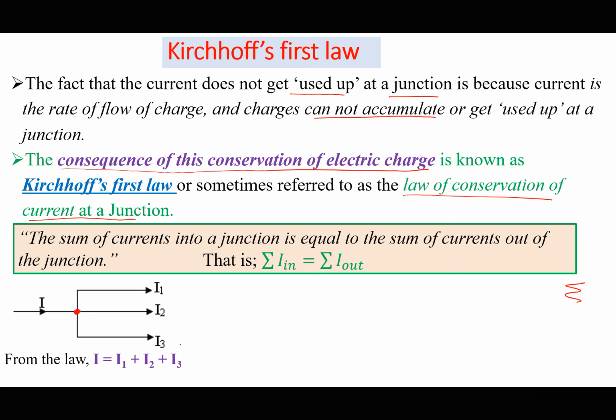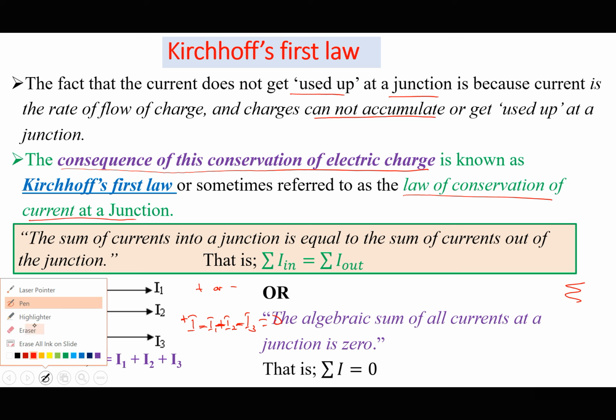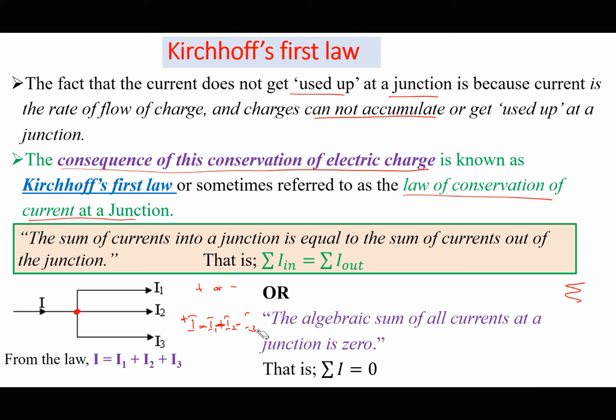If I put all these on one side, then I minus I1 minus I2 minus I3 should give us 0. It means I have considered the currents into the junction positive and currents out of the junction negative. When I consider positive or negative, I'm considering algebra. So I can simply state this law by saying that the algebraic sum of currents at a junction is 0.